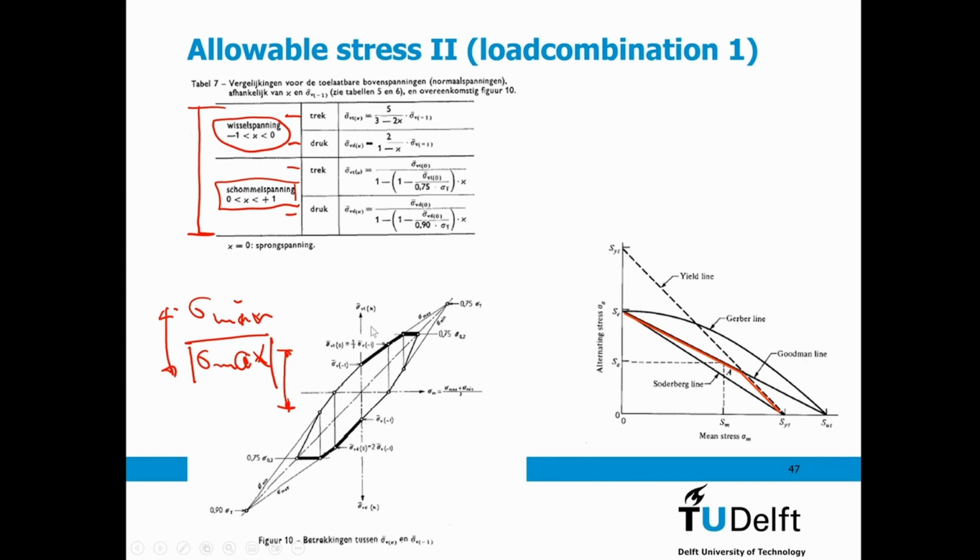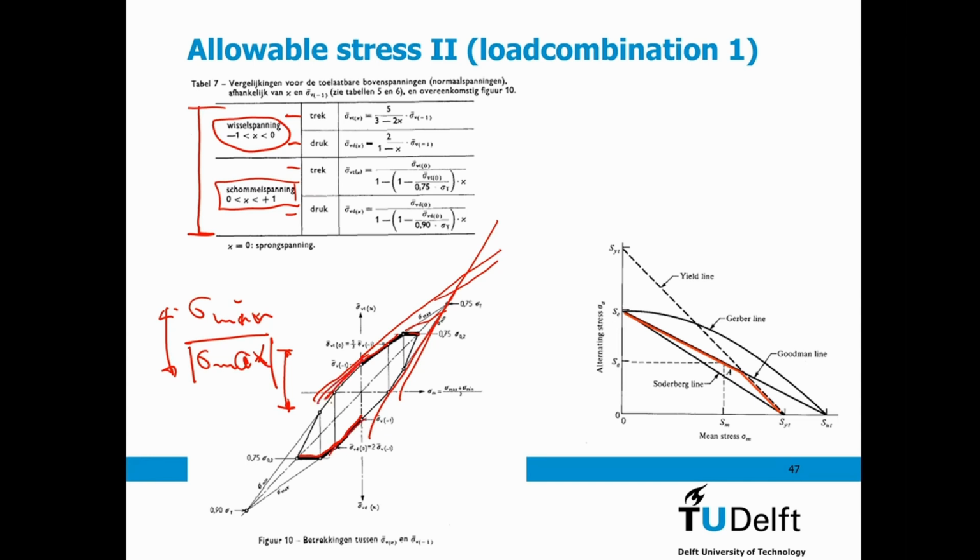The difference between tension and compression, you can see that. So this is the compression limit and that is the tension limit. Here you can see this is the average stress. You can see that the value here decreases, while here the difference stays the same.